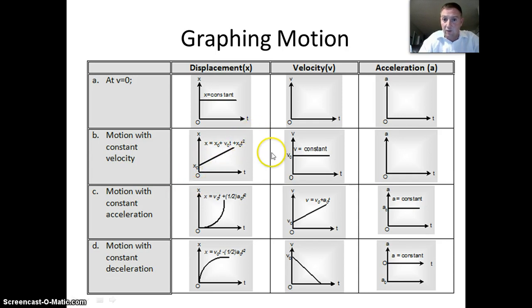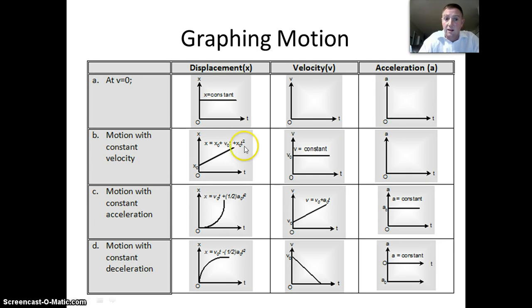I'm moving away from it, so I have a positive velocity. It's constant, it's horizontal, but it's not 0 like it was up here. Now, on my acceleration versus time graph, it's 0. There's nothing there. Why? Because my velocity is constant. It's not changing. And if my velocity doesn't change, I have 0 acceleration. Does that make sense?